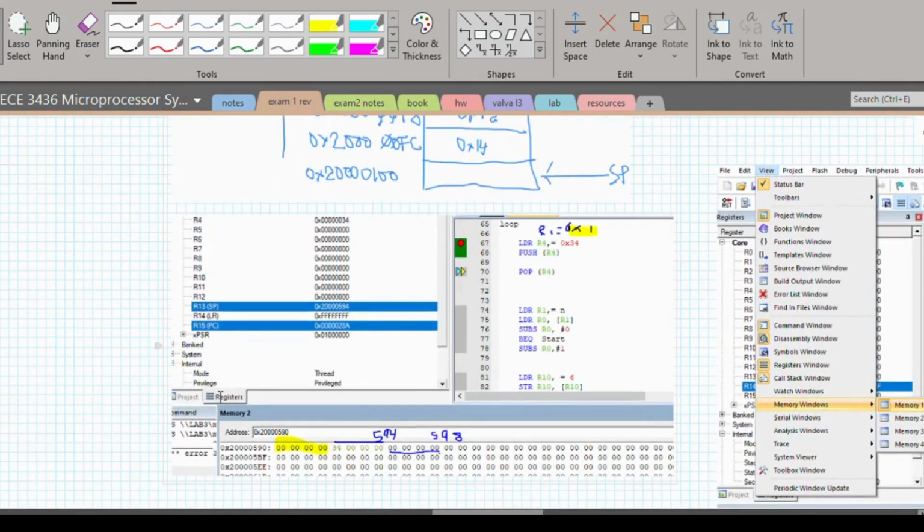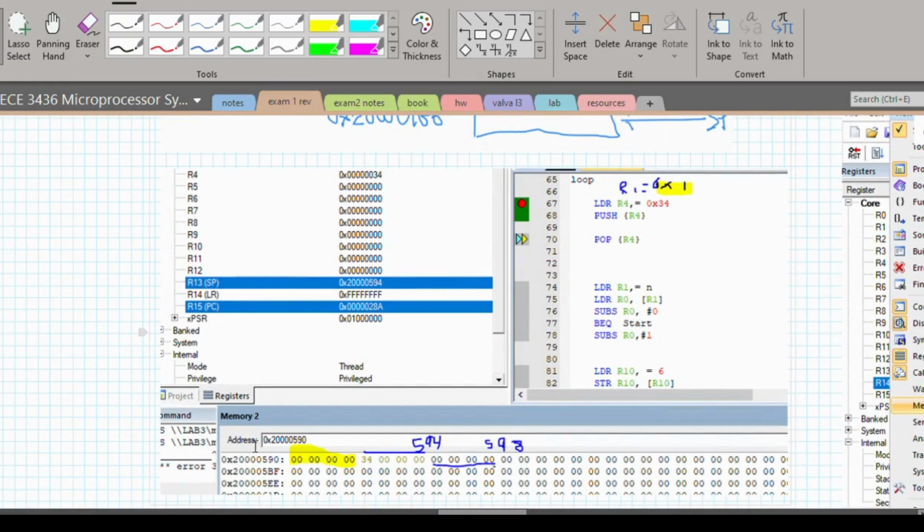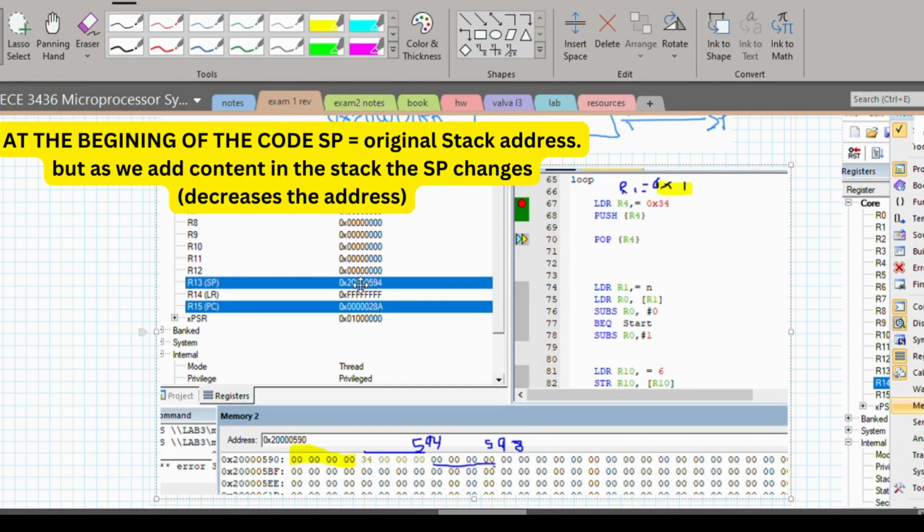Say that we start at a point, how do you know where it is? This is the SB, the stack pointer. The initial, I believe, was 5, 9, 8. So this is the base. It's gonna stay, as you can see, 0, 0, 0, 0.